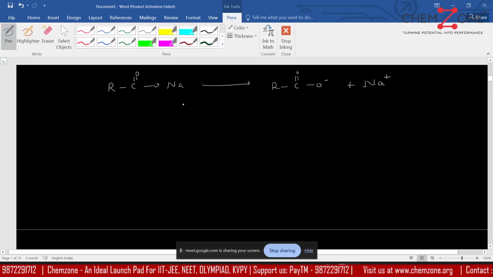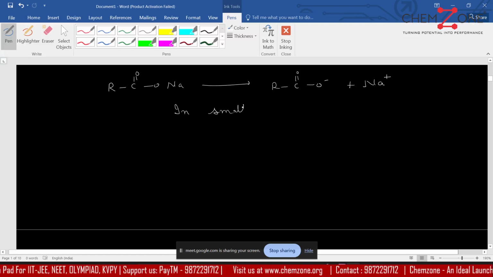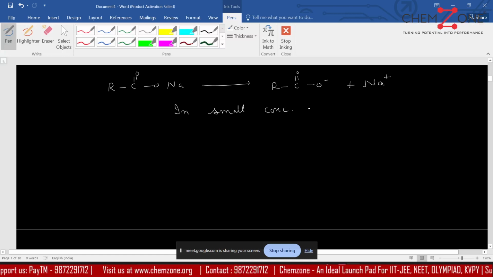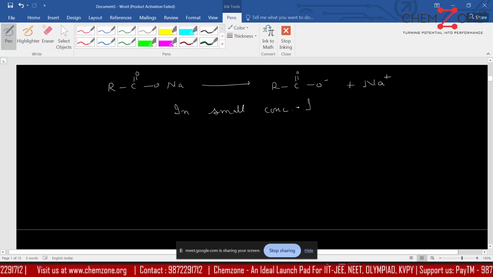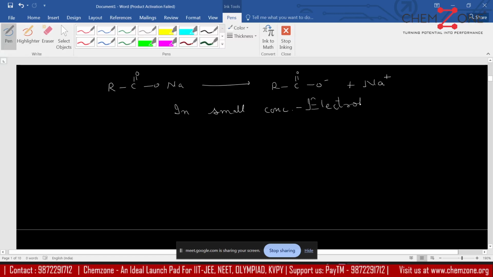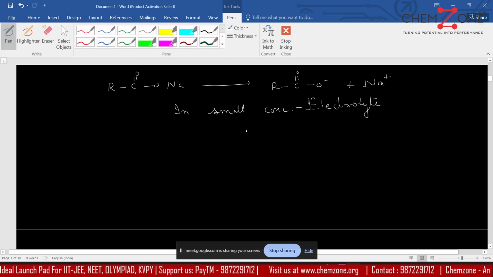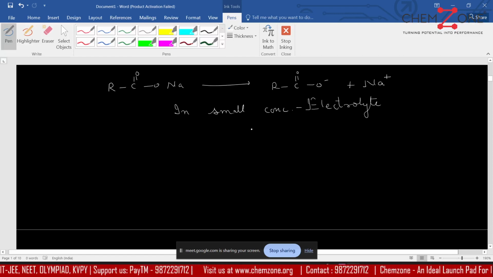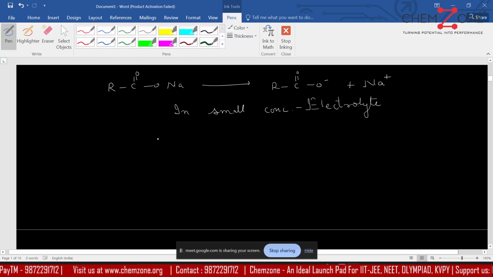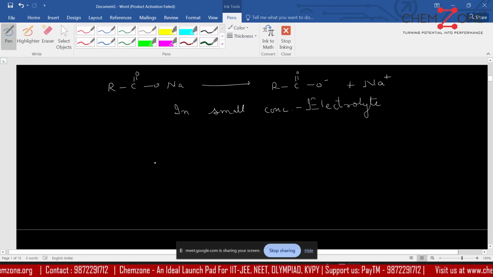So we say in small concentration, this behaves like an electrolyte only. It does not give any lather, no foam formation, nothing.